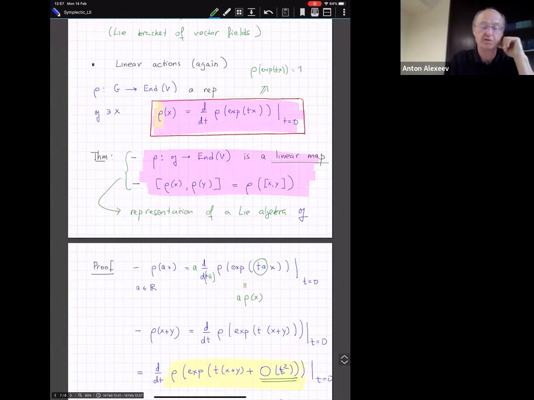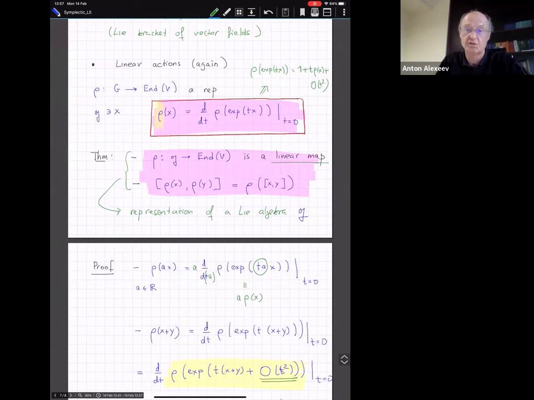We know that at t equals 0, it's 1. And then what the formula is saying is t rho of x plus O of t squared. So yes, it is just the first term of the Taylor series. That's right.